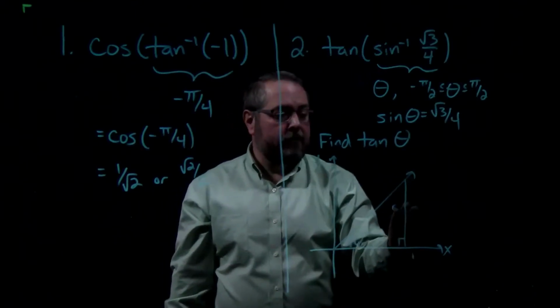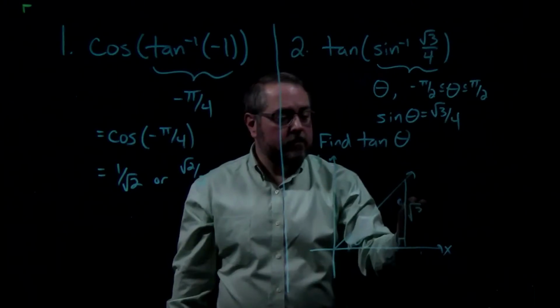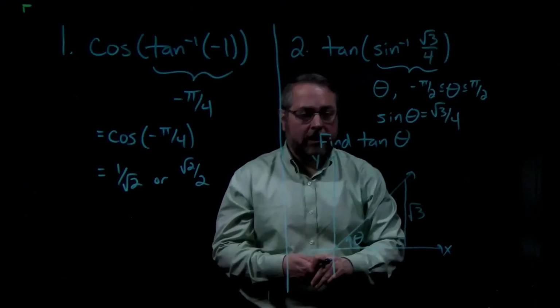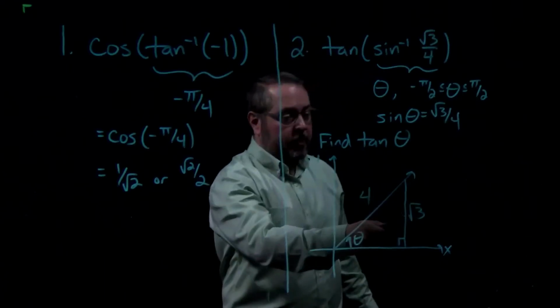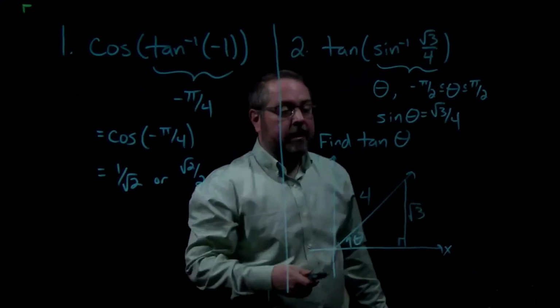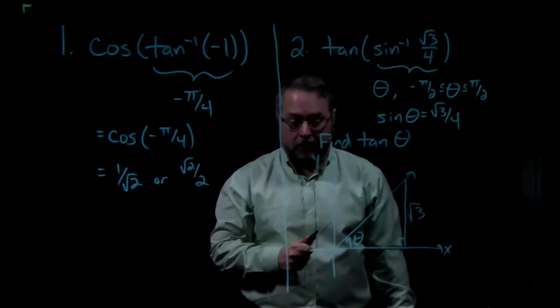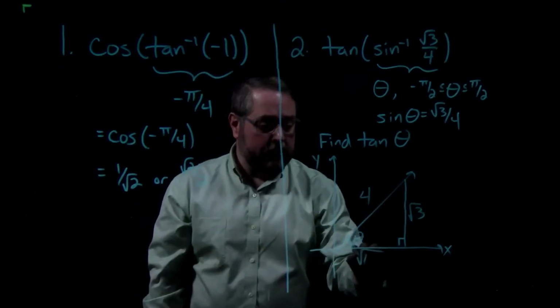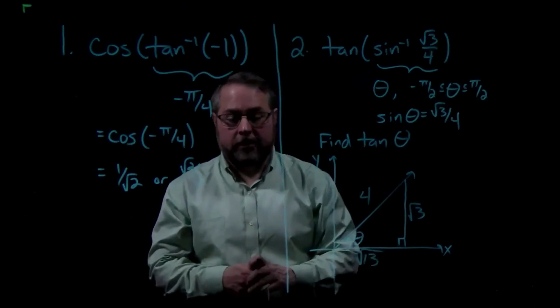Since we know the sine of theta, we can draw a right triangle with opposite side √3, hypotenuse 4, and then our adjacent side, by the Pythagorean theorem, is √13.